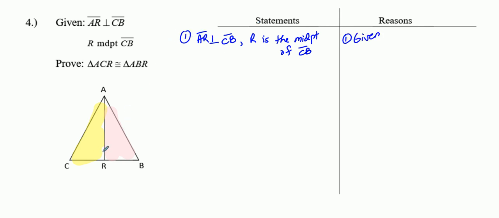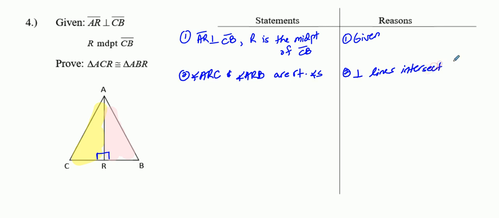So marking in the perpendicular lines, we're able to say that these 2 angles, angle ARC and angle ARB, are right angles, since perpendicular lines intersect forming right angles. And then we can go ahead and say that those angles are congruent.